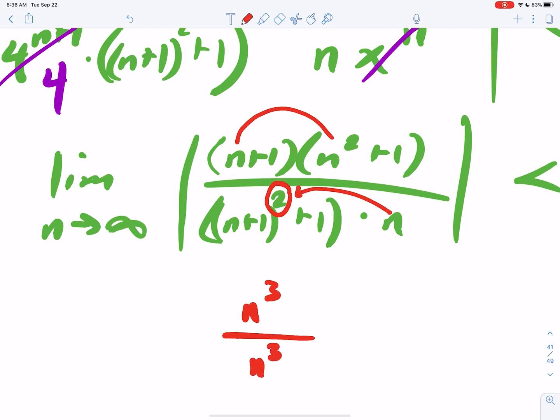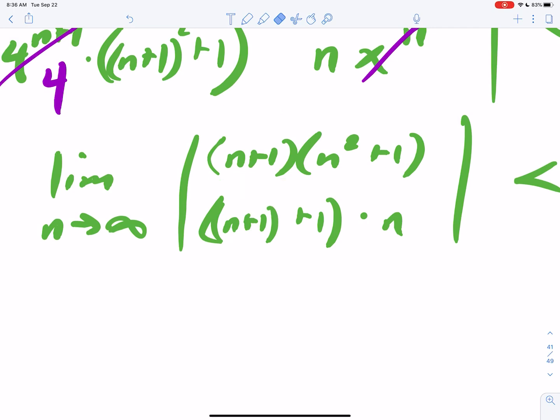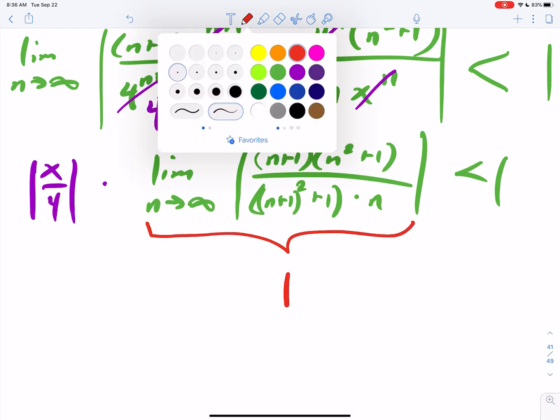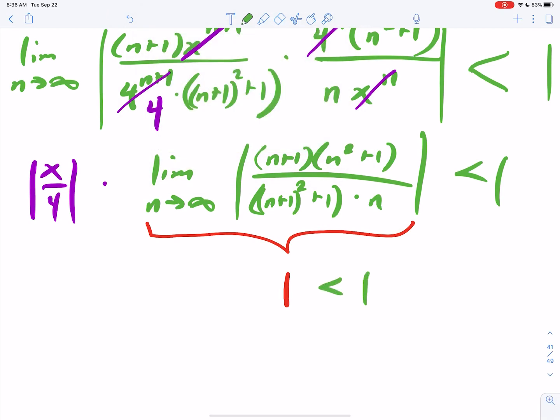That'll give me another n cubed. So just by analyzing it, without doing extra work, you should be able to figure out that this limit here comes out to 1. Okay, it doesn't always come out to 1, so keep that in mind.